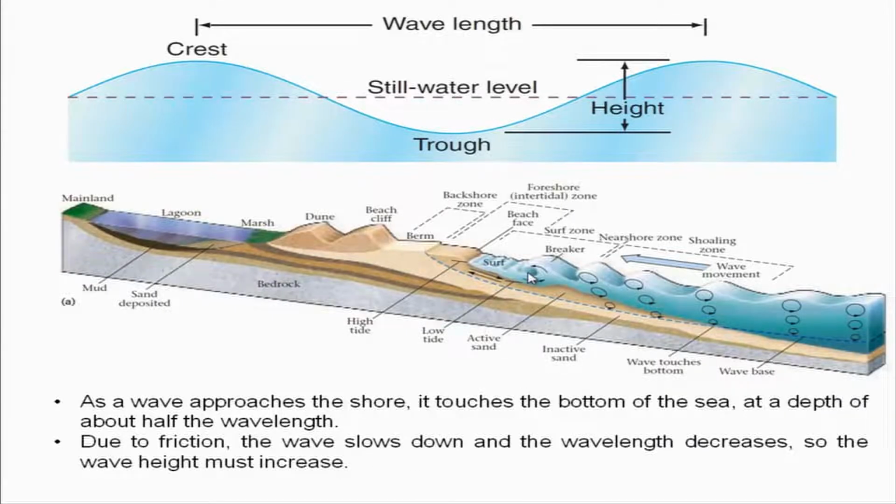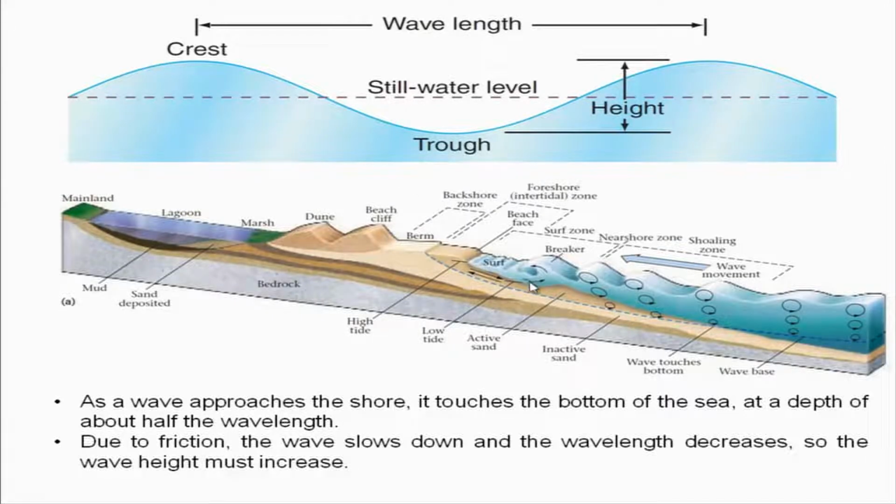Close to the coast, the wavelength decreases and the wave height increases, whereas in deep water, the wavelength may be much larger, the motion will also be different, and the height of the crest will be smaller.